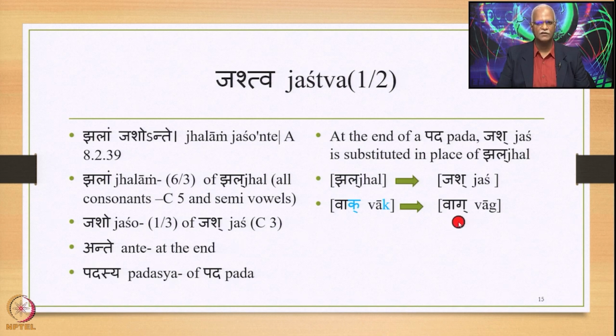So vagvivardhini, for example, has got ga substituting ka, stated by this particular sutra, jhalam jashonte. This is the jashtva sandhi.